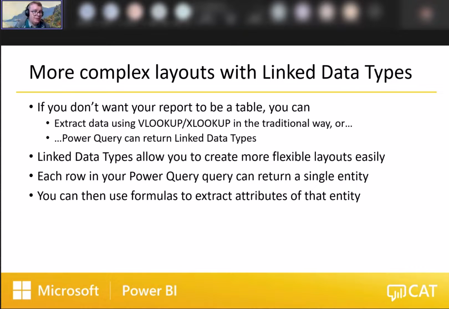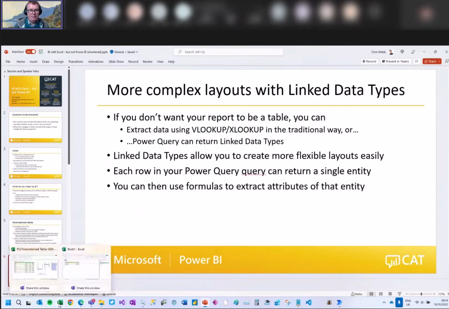But there is something else we can do, something else which is new or maybe not quite so well known. We can use linked data types. Those of you who've used Excel connected to Power BI will know about linked data types, but you can also create and use linked data types in Power Query in Excel. So let's see an example of this.